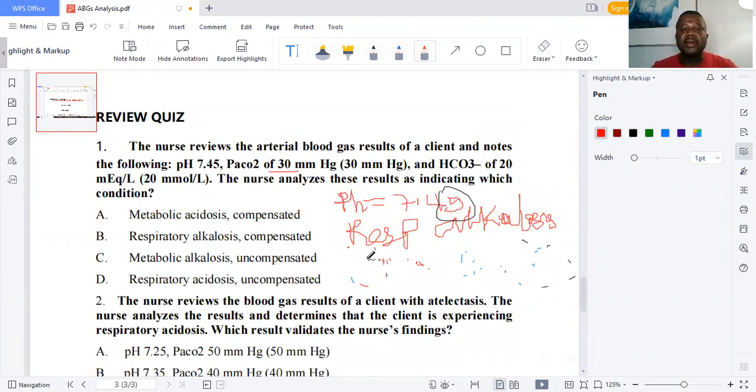So our answer is respiratory alkalosis compensated, right? Compensated, which is B. This is our answer. Did we get that correct? That is our answer.